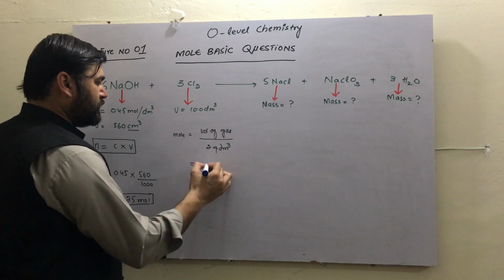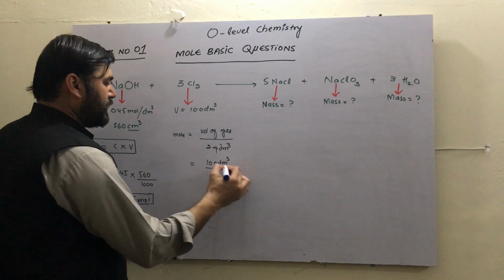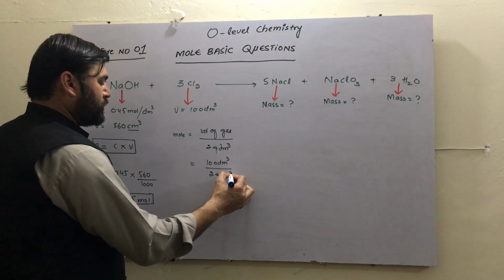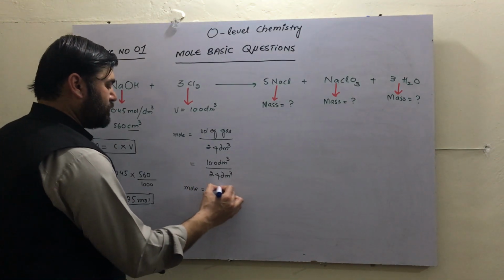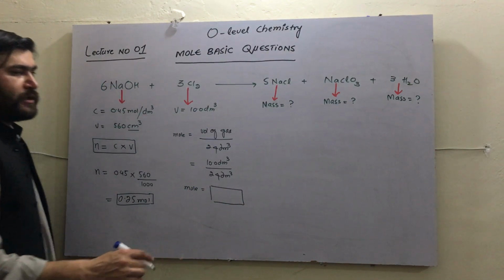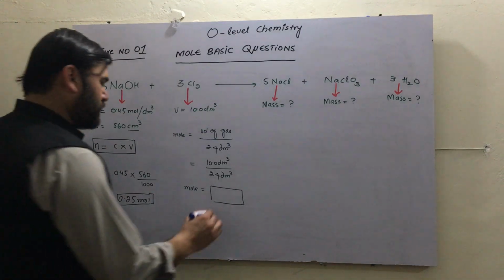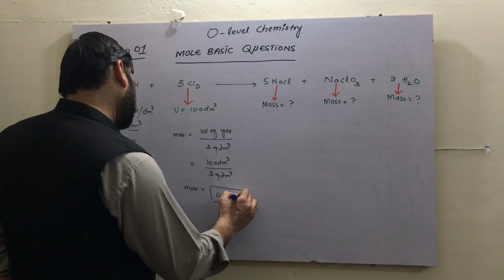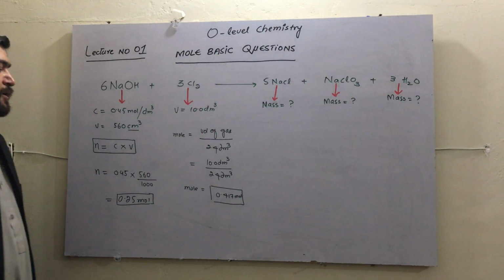The volume is 10.0 dm cube, and if we divide it by 24 dm cube, what will the mole be? Just find out the answer. The answer is roughly 0.417, I think. So 0.417 mole is the answer. From the volume we found the mole.